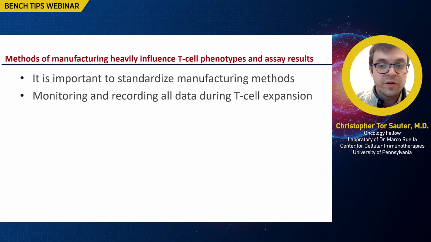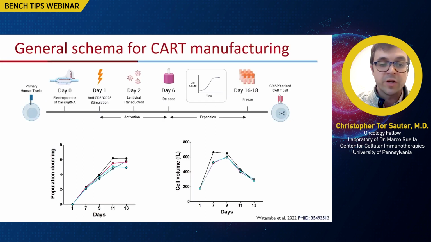So I'm going to shift briefly into talking a little bit about CAR T manufacturing and really highlight some of the issues that can unintentionally influence results. I know Ismail talked a little bit about this, and I'm going to talk in more detail about what our experience has been. This is a general schema for CAR T cell manufacturing, including CRISPR editing. Primary T cells are taken from a donor and electroporated with Cas9 and guide RNA.